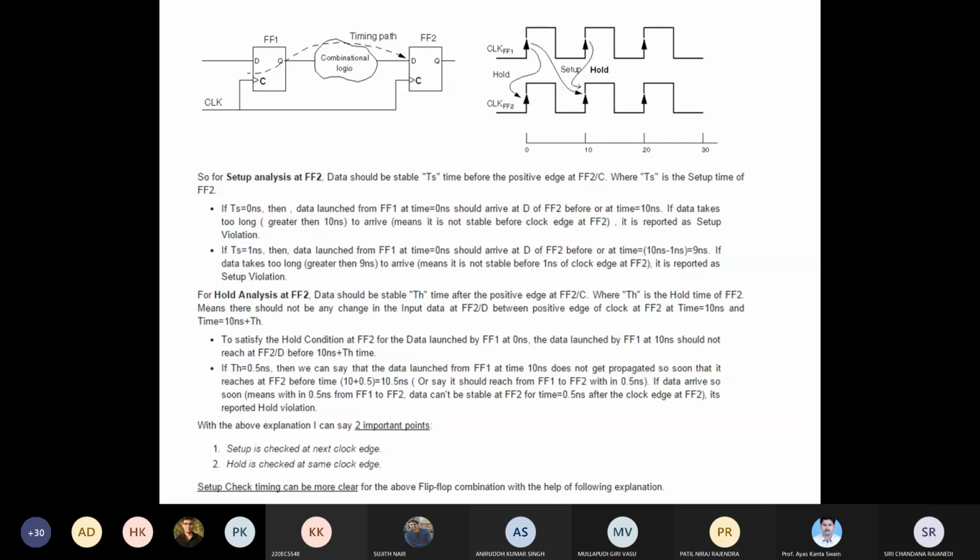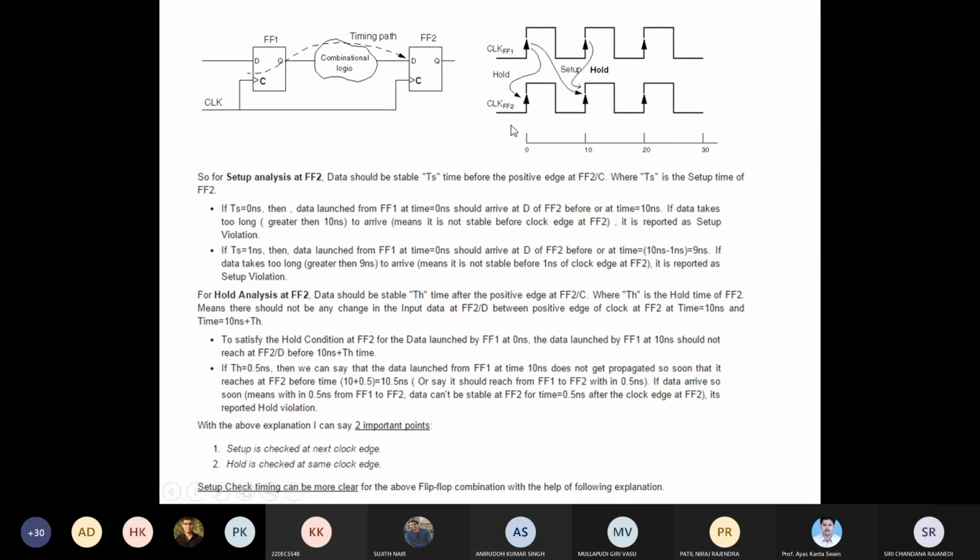Okay. So now what we conclude out of this: when the data is launched at the launching flip-flop, are you getting? The setup is checked in the capturing flip-flop, that is the next flip-flop.